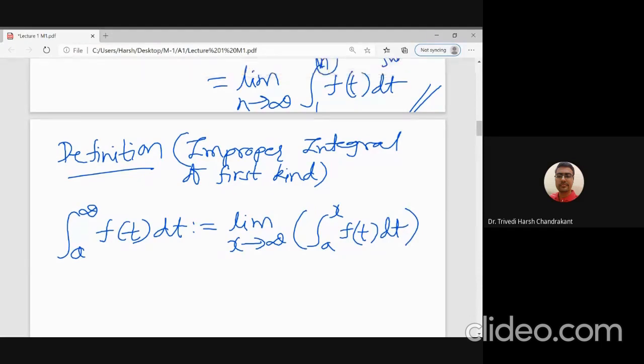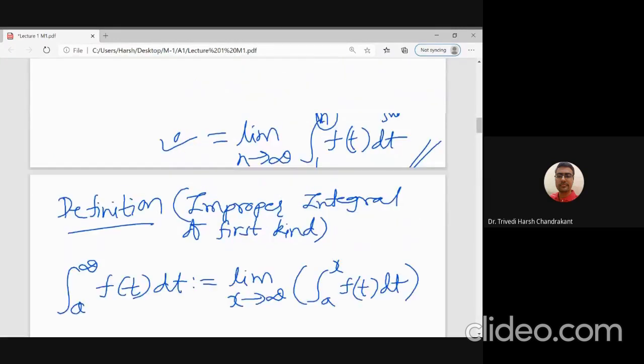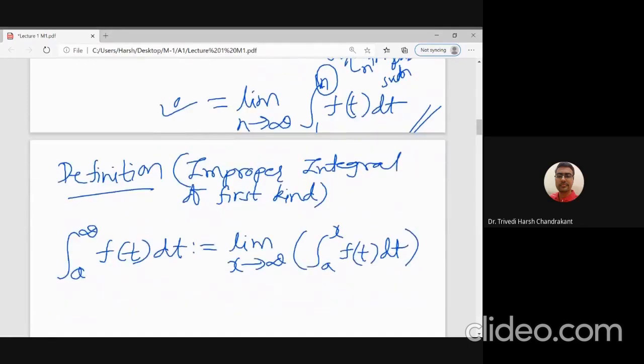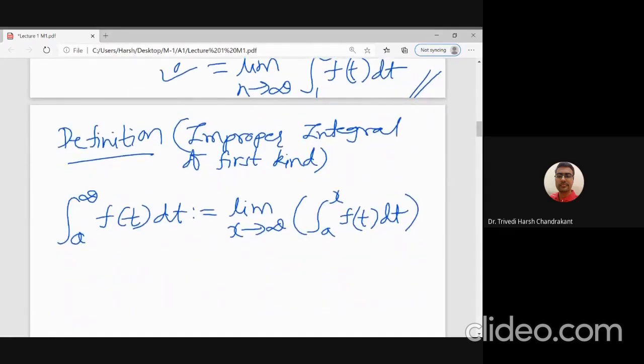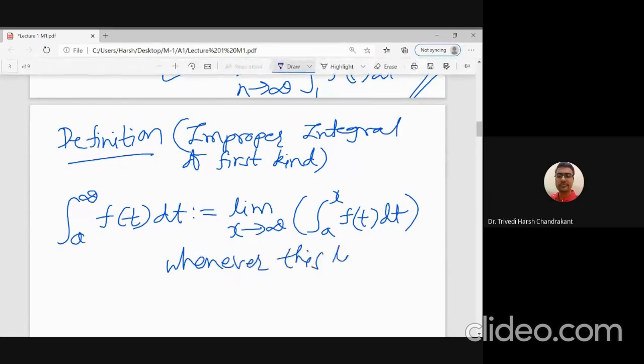So you can see that this is the same as this formula, but I have now replaced n by x here, right? And we will write this integral as a limit as x tends to infinity whenever this limit exists.